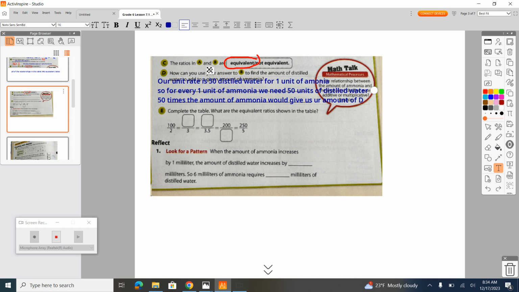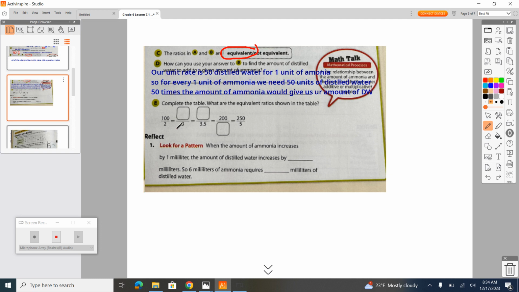So if I look over here, 2 times 50 would give me 100, 3 times 50 would give me 150. Which also means over here that 3.5 would be our next one.